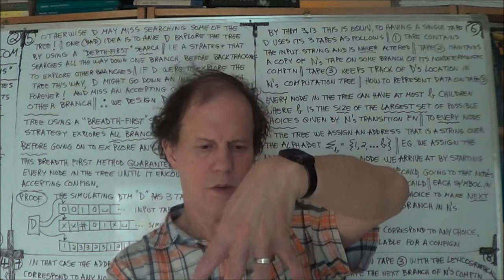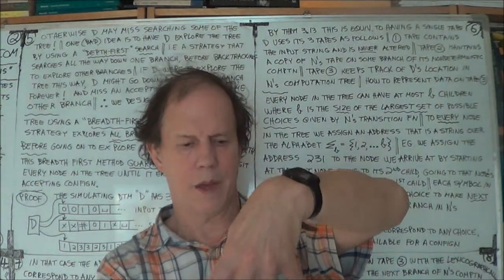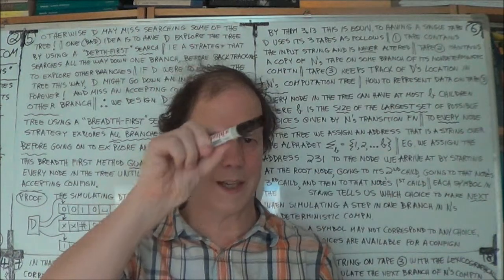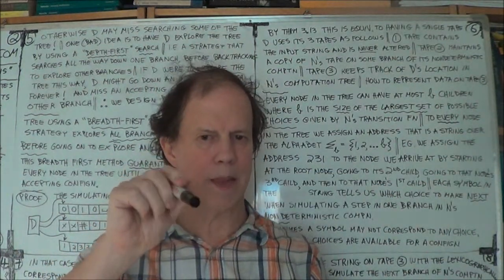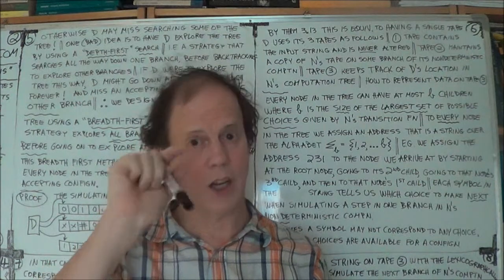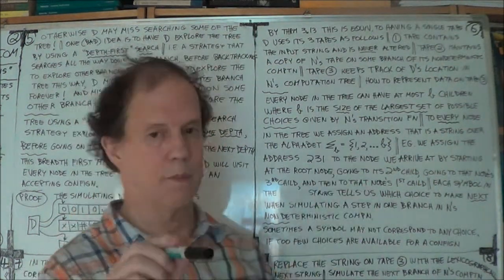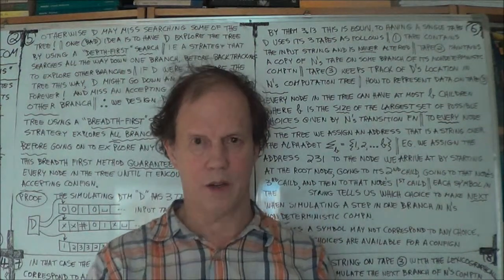So 1, 2, 3. Now you're at this node. Follow that? You took the second node with the first step, then the third child node with the second step, and then the first node with the third step.